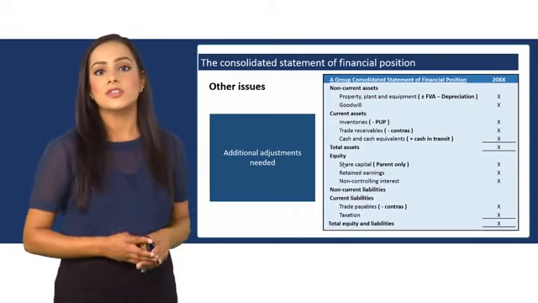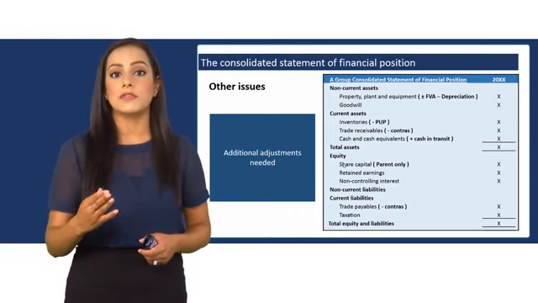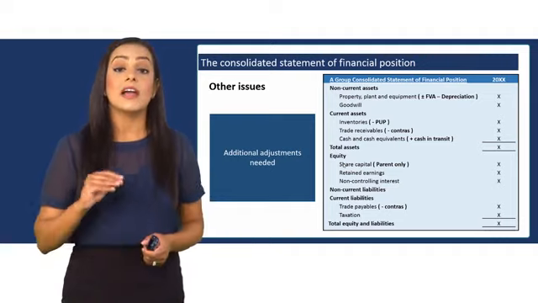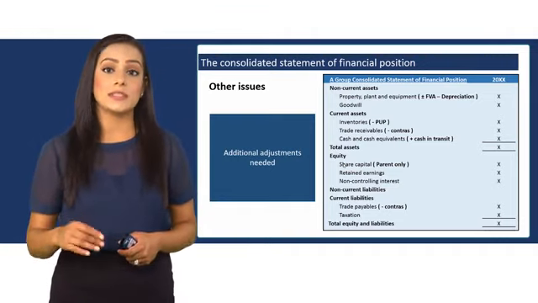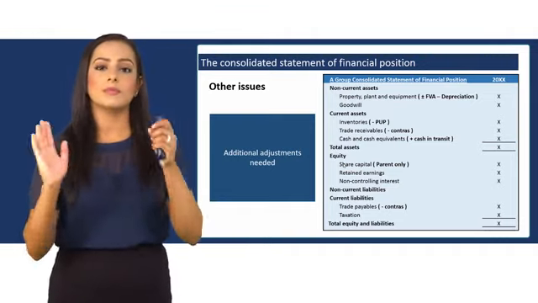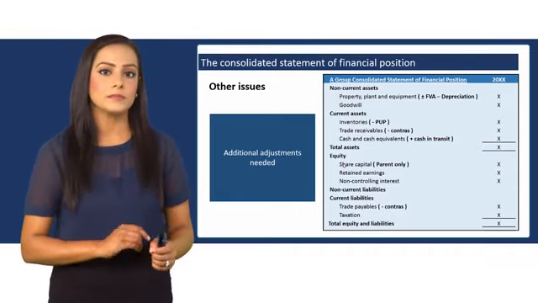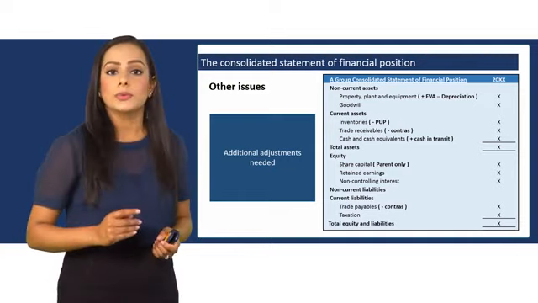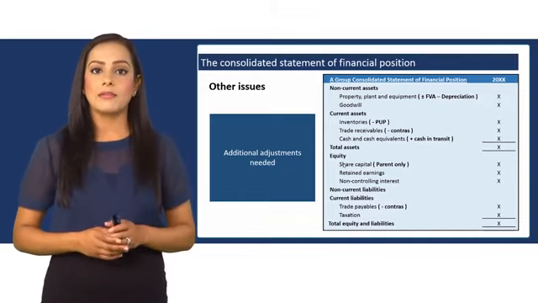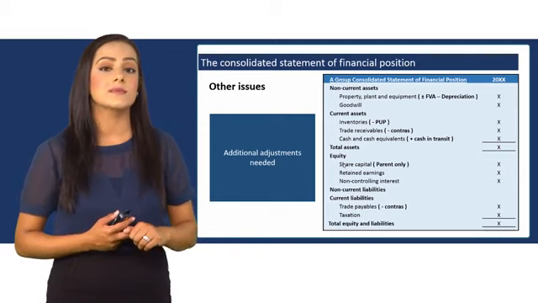Under current assets, you have inventories, trade receivables, and cash equivalents. These may require adjustments depending on what the intragroup transactions are happening between the parent and the subsidiary. For inventories, you will take 100% of the parent plus 100% of the subsidiary.